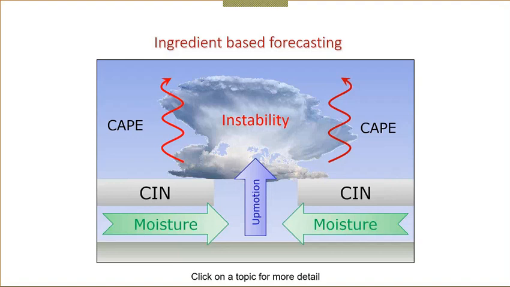And that's in the upper part of this image. There you can see the so-called free atmosphere, where the amount of instability merely depends on the amount of CAPE, so the convective available potential energy. So this is in a nutshell a nice overview of the ingredient-based forecasting.